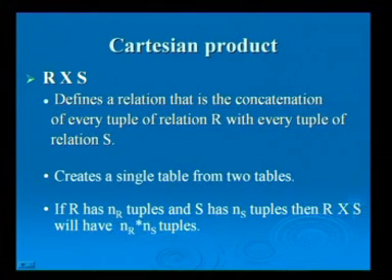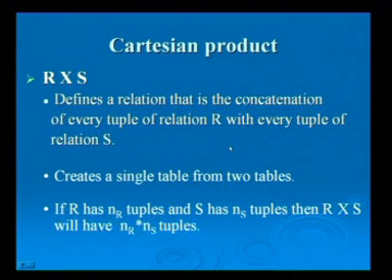Then let us consider the Cartesian product. It defines a relation that is the concatenation of every tuple of relation R with every tuple of relation S. So eventually it will create a single table from two tables.